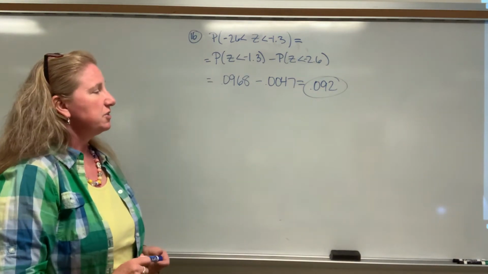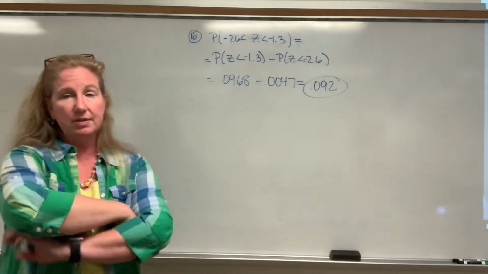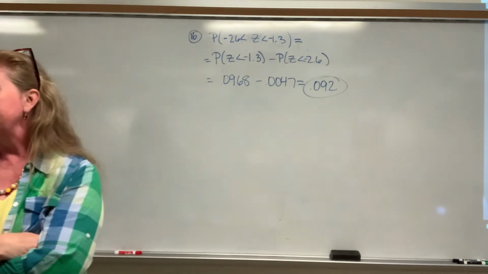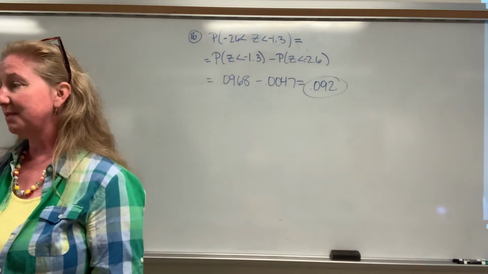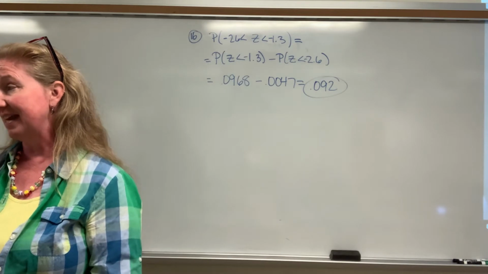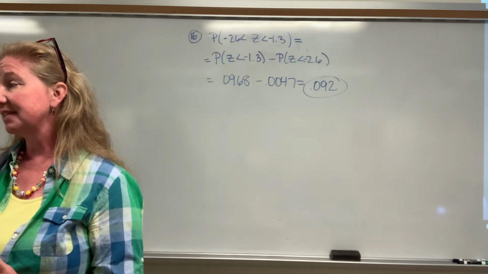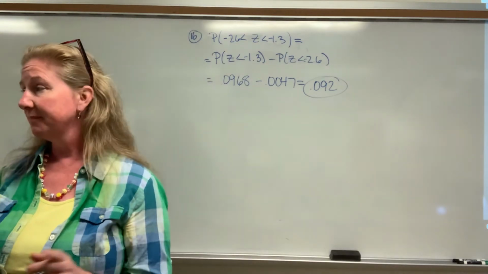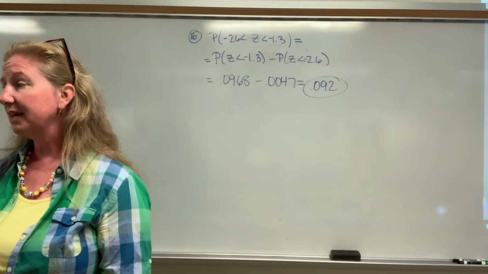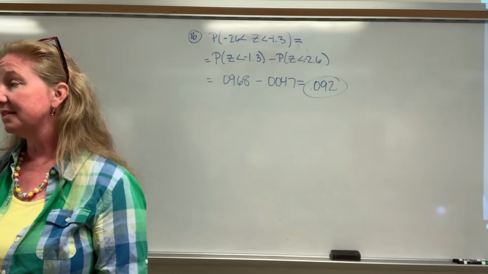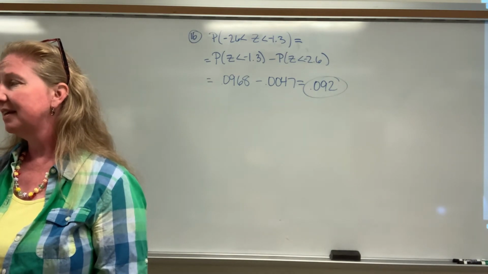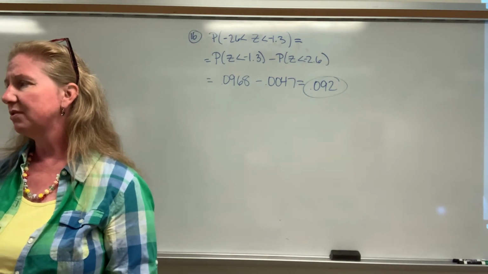All right, number 17 is one of my favorite questions to put on here. The binomial probability distributions depend on the number of trials n of a binomial experiment and the probability of a success, little p, on each trial. Under what conditions is the normal an approximation to the binomial?